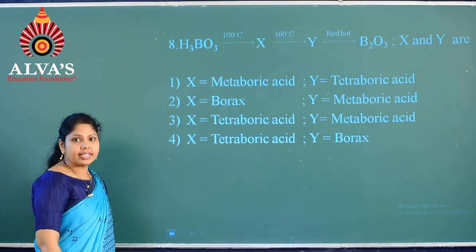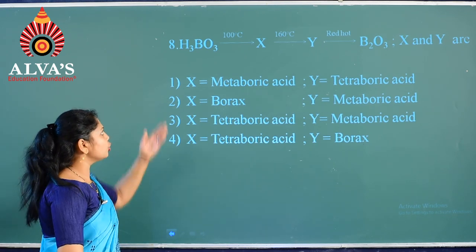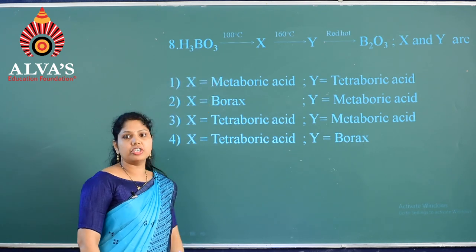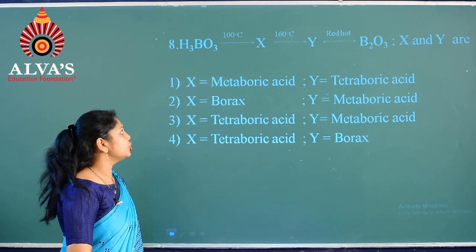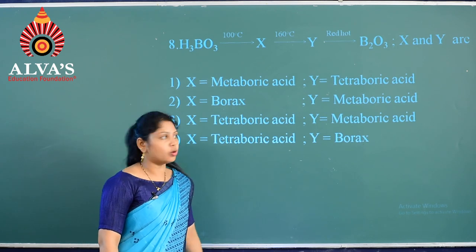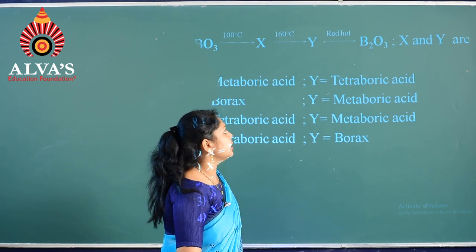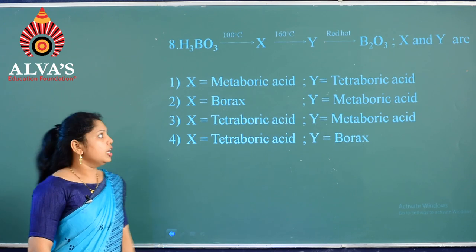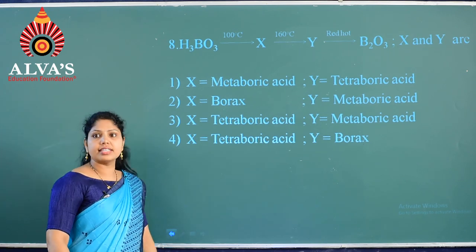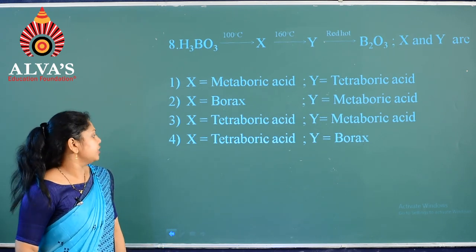Question number 8. Boric acid, when you heat at 100 degrees Celsius, gives compound X, which upon further heating at 160 degrees Celsius gives another compound Y. Upon further heating, it gives boric anhydride. You have to identify X and Y in the given reaction.